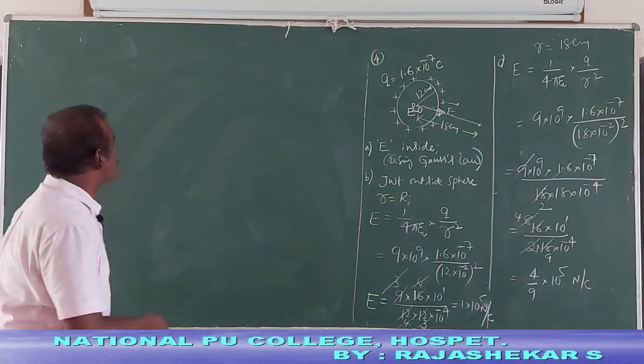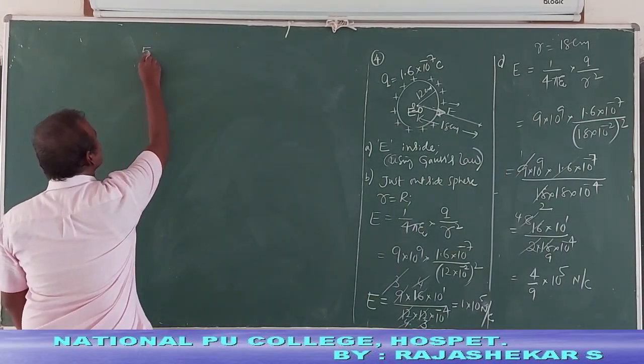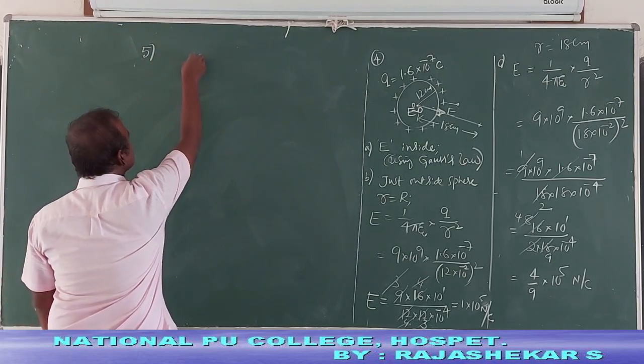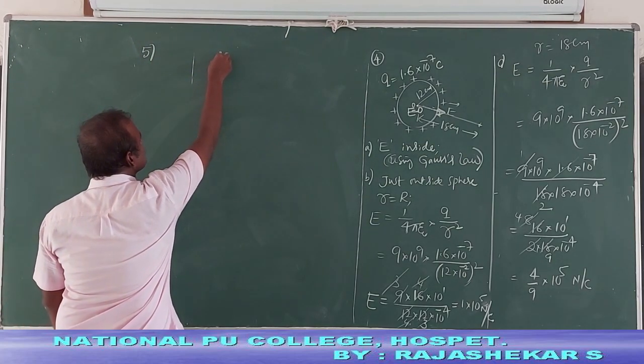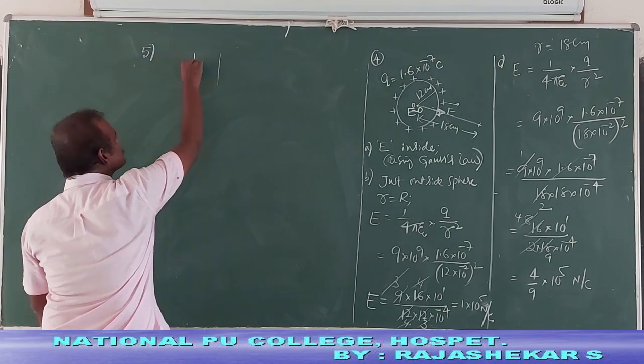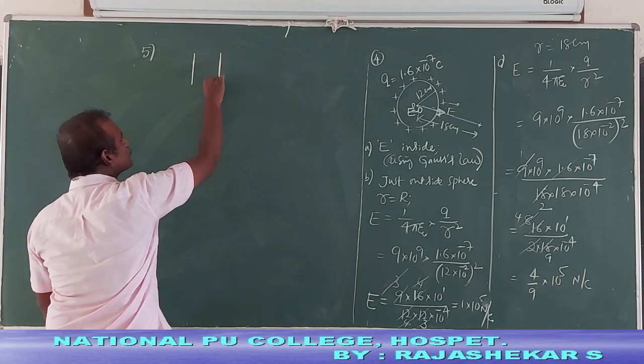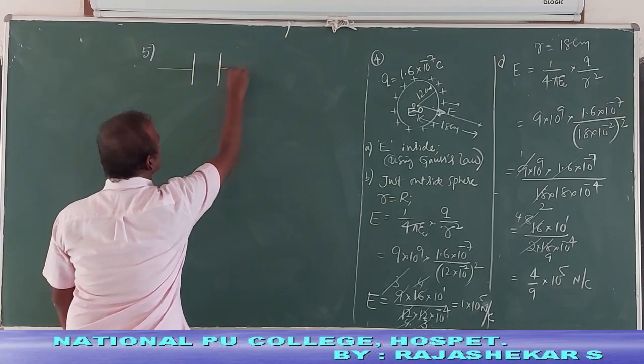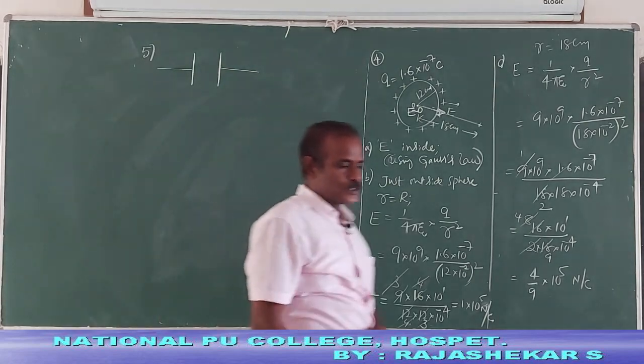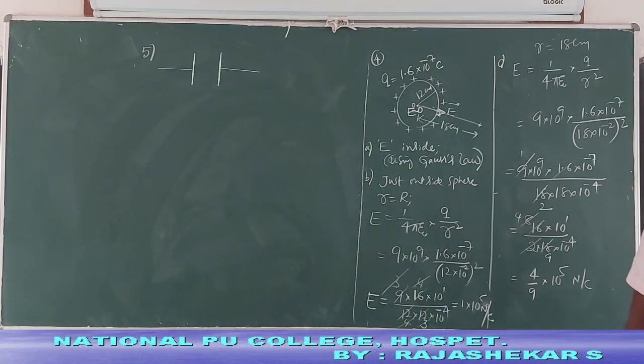Well students, now question number 5. A parallel plate capacitor, look at the question. Here it has capacitance 8 picofarad and air is the medium between them. What will be the capacitance if the distance between the plates is reduced by half and the space between them is filled with the substance of dielectric constant 6?